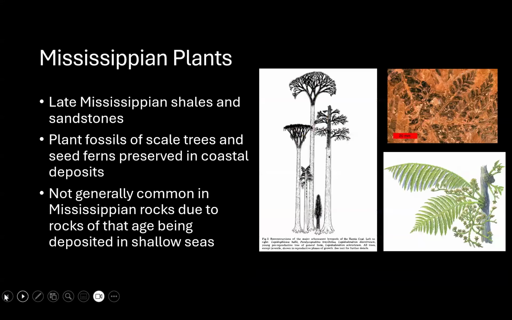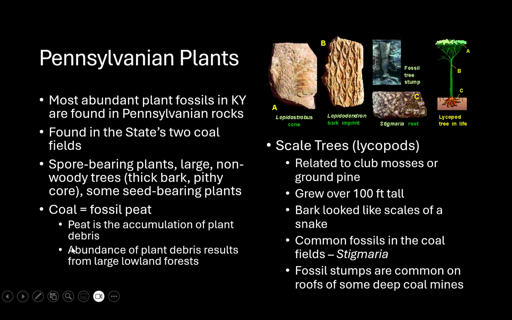So the reason why we have so many plant fossils from this time is, let's just think about this for a second. The Pennsylvanian period in our history was a time where so much of where we are in the United States was a very tropical, humid climate.